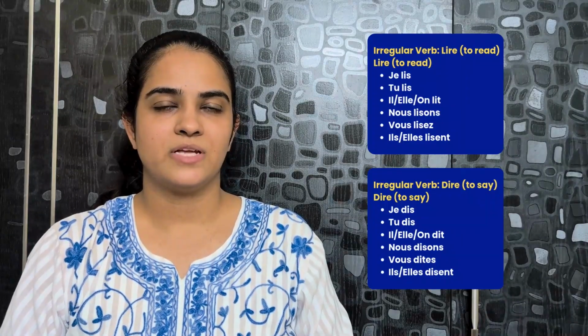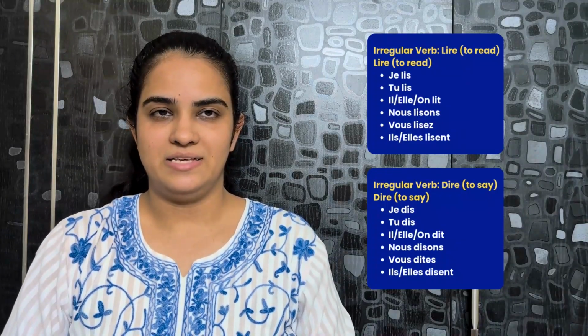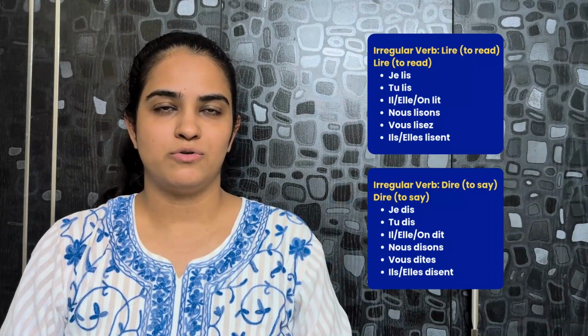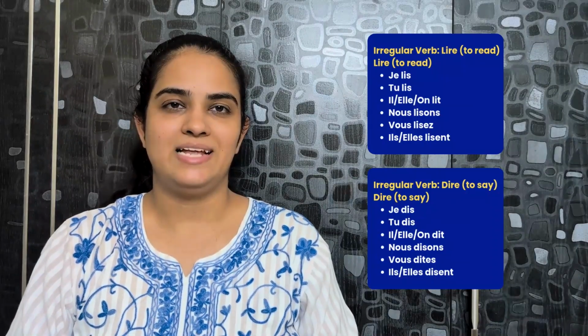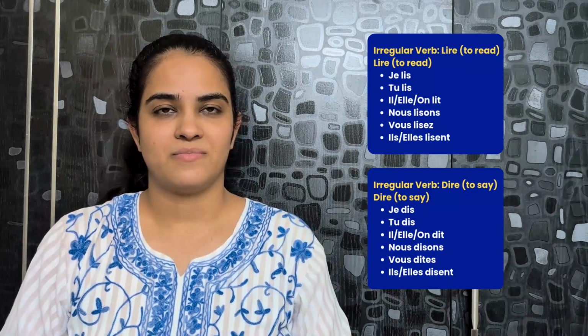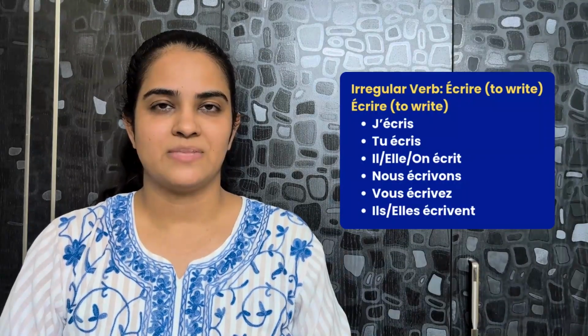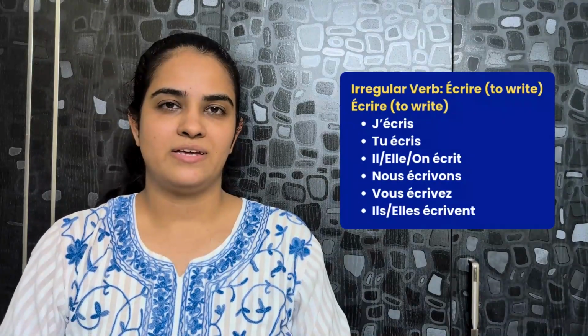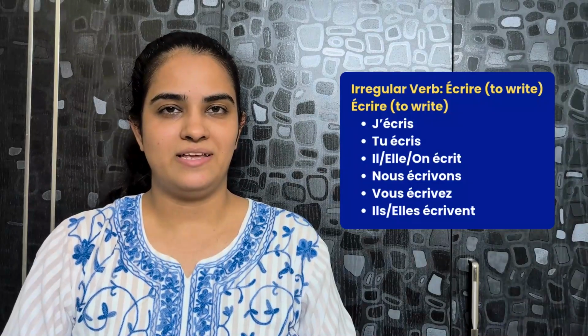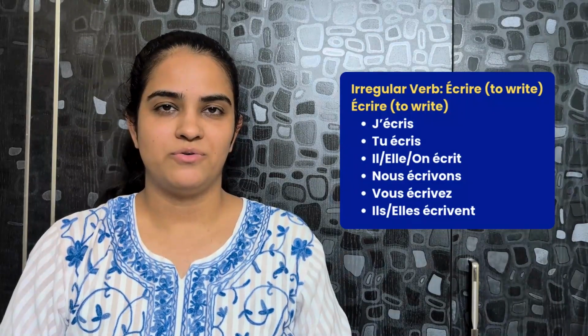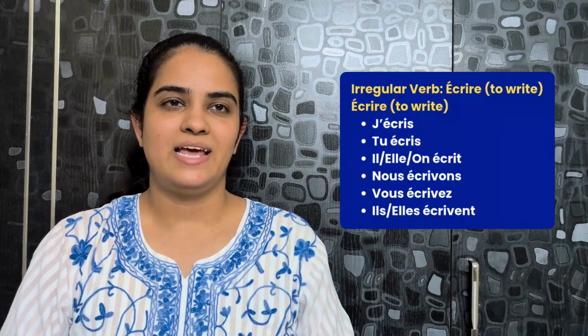Je dis, tu dis, il, elle dit, nous disons, vous dites, ils, elles disent. Then we have the verb écrire, again with a slight variation. J'écris, tu écris, il, elle, on écrit, nous écrivons, vous écrivez, ils, elles écrivent.